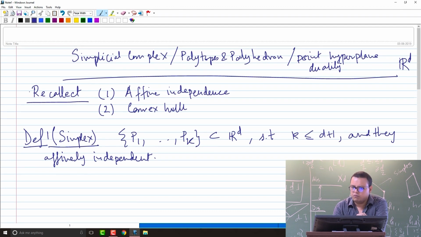So we can define what is called a simplex, which we denote sigma of P1 comma, up to Pk, in square brackets. It does not matter what order you put it.